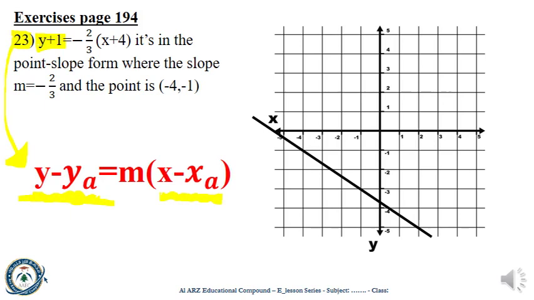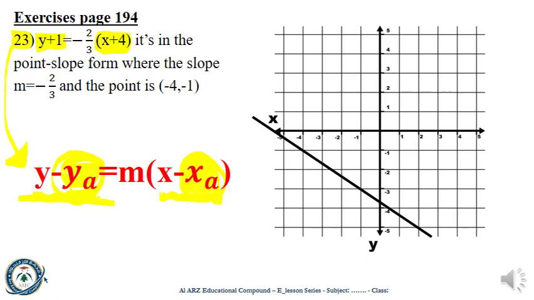In this case, as you see, it's y plus 1, not y minus, and x plus 4, not x minus, right? So what I have to do is show the minus that I need in the equation to find the point. Remember that these two numbers will make a point for me, a point to start with.